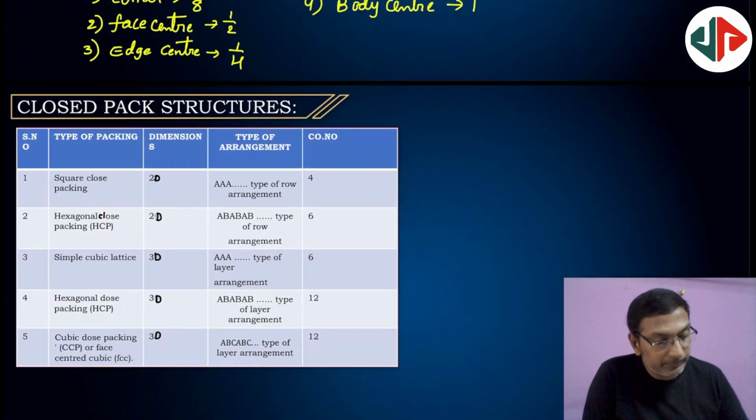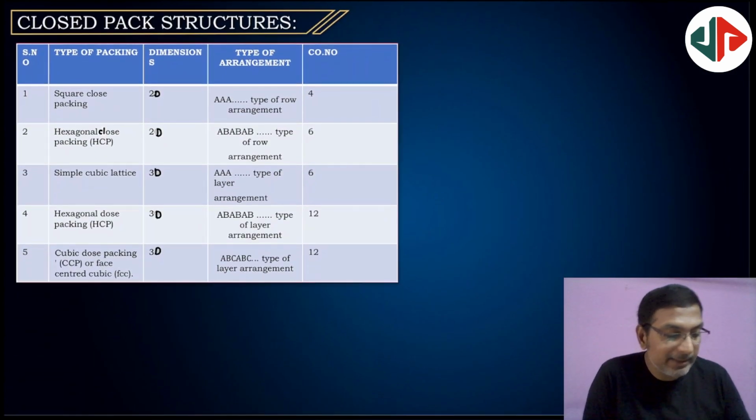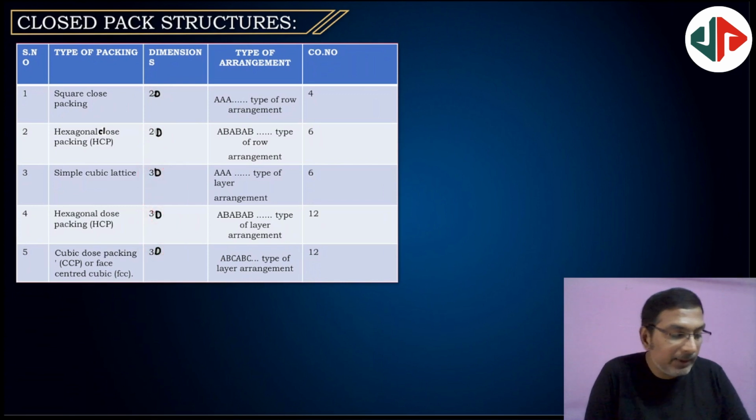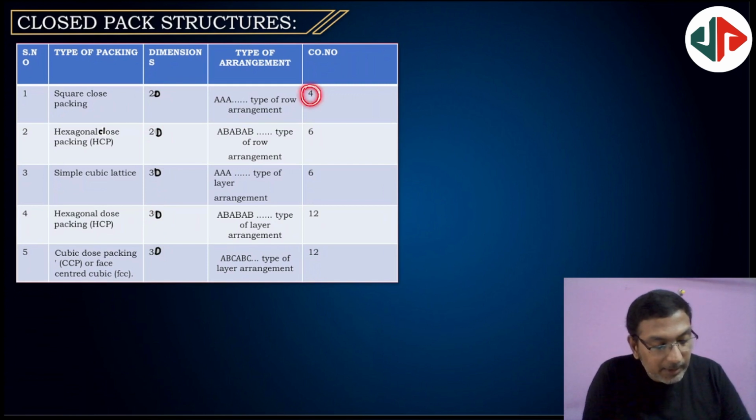Next. Closed pack structures in 2 dimension and 3 dimension. These are 2 dimension. Remaining are 3 dimensions. Square closed packing will be having coordination number of 4.